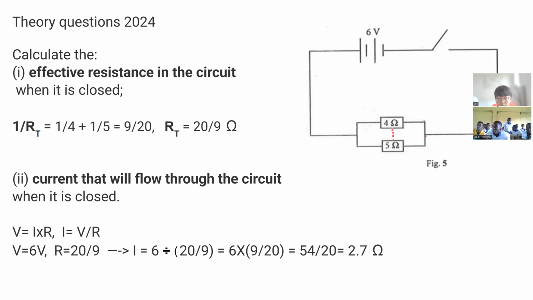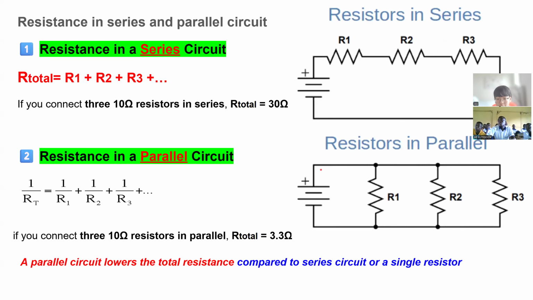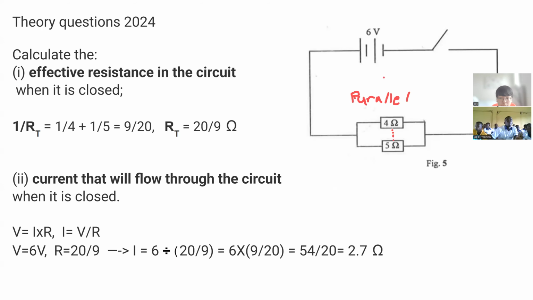That's right, it's parallel. You can see that parallel resistors are across the box, while series resistors are next to each other. This is across, so it is parallel.